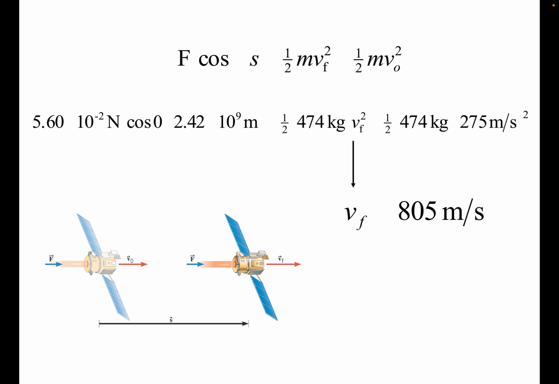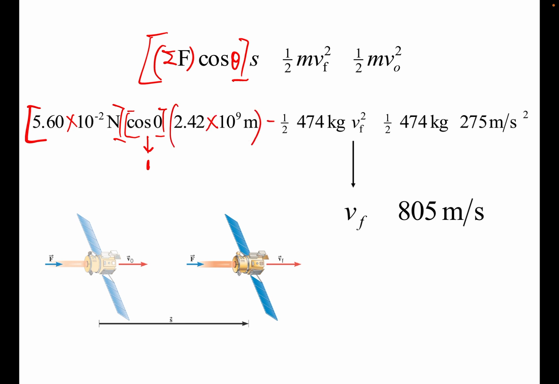So we can calculate the work. Work is force times displacement times cosine of the angle between force and displacement. The angle is 0, so this gives us 1. And the work equals the final kinetic energy minus the initial kinetic energy.